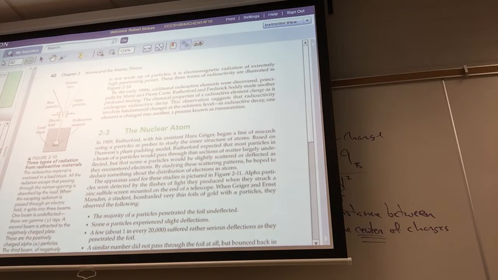Attraction. The electrical attraction to the positive charge of the nucleus. The nucleus is where all the protons are, right? And so what's holding the electrons in the atom are the electrical forces of attraction between the electrons and the protons in the nucleus.